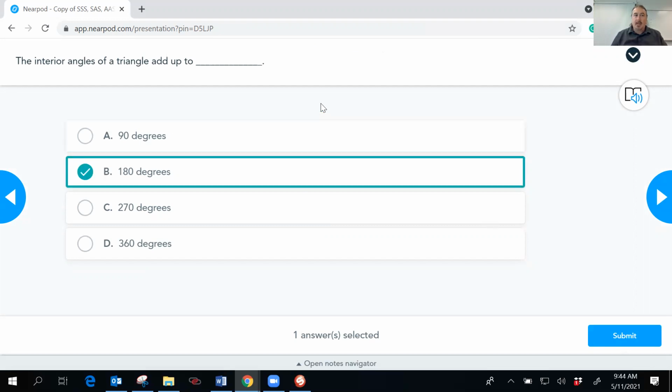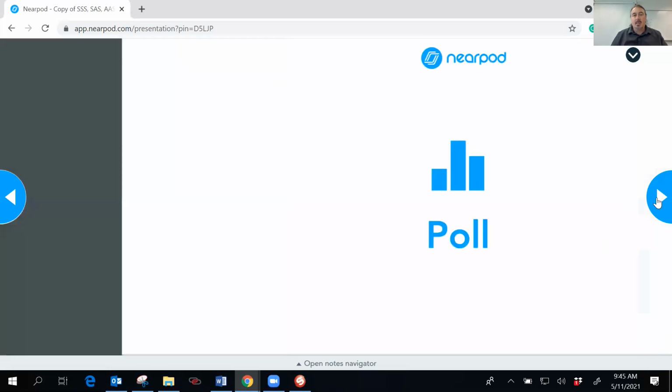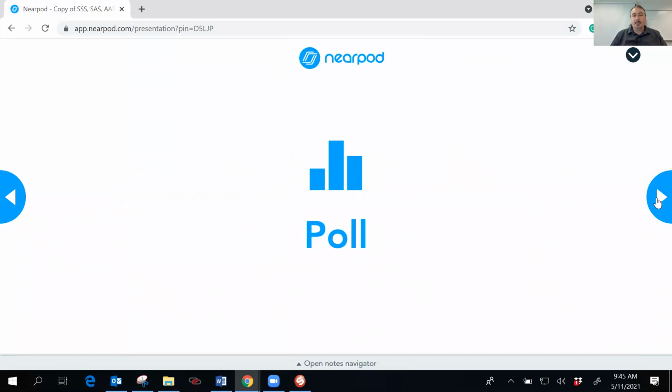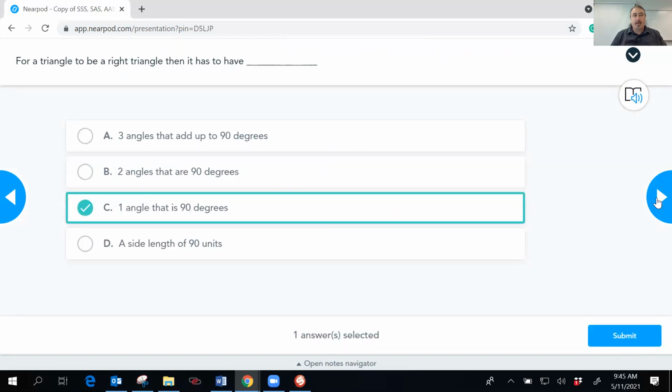So the interior angles of a triangle add up to 180 degrees. Hopefully we know that one right now. Let's move on to the next poll. For a triangle to be a right triangle, it has to have one 90-degree angle, at least one.